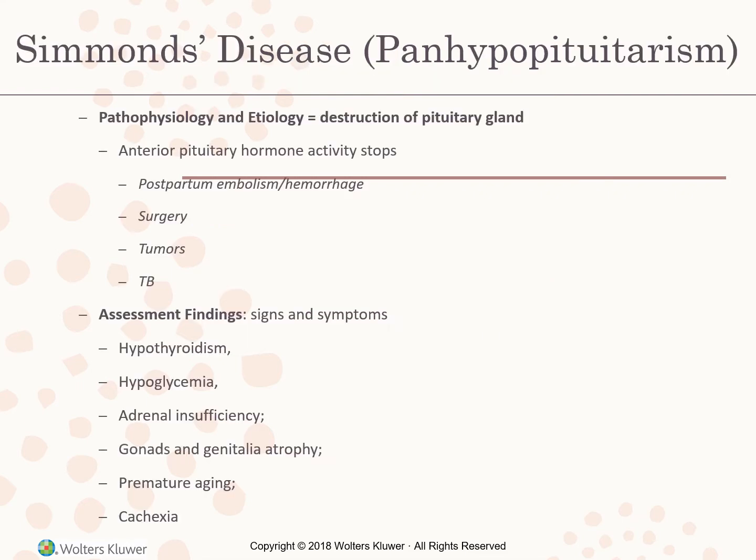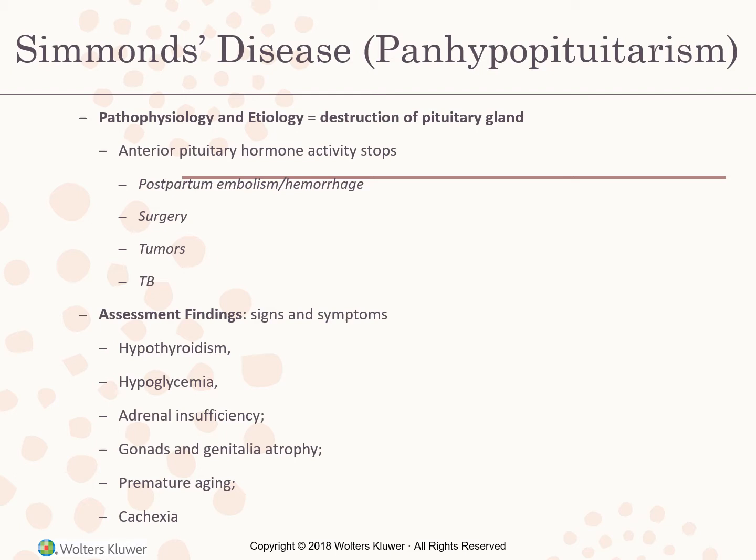Simmonds disease is a rare disorder caused by destruction of the pituitary gland followed by cessation of pituitary hormonal activity. So, events such as postpartum emboli or hemorrhage, surgery, tumor, or tuberculosis can destroy pituitary function. This disease affects all hormones of the anterior pituitary gland.